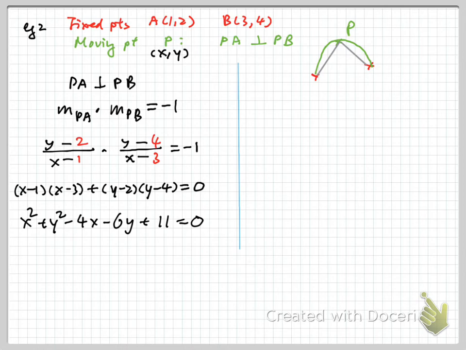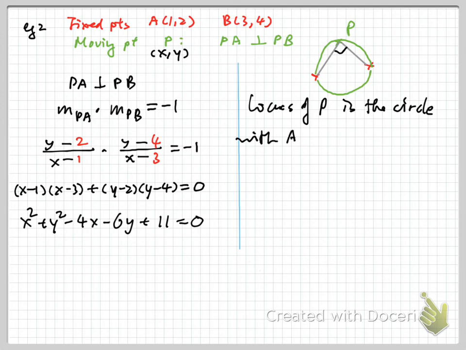It is always making a right angle here, and it's also possible that it is on the other side. So we know that the locus of P is the circle with AB as endpoints of a diameter. So we can elaborate from here.